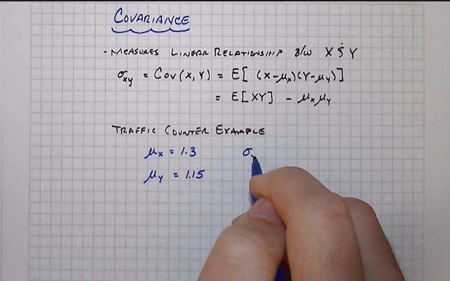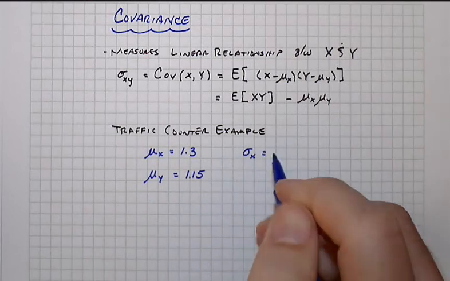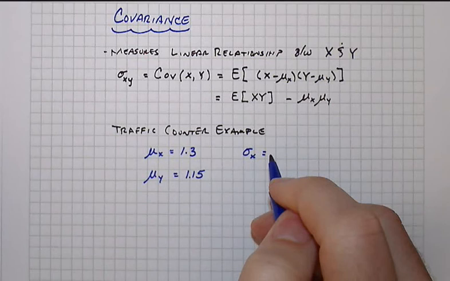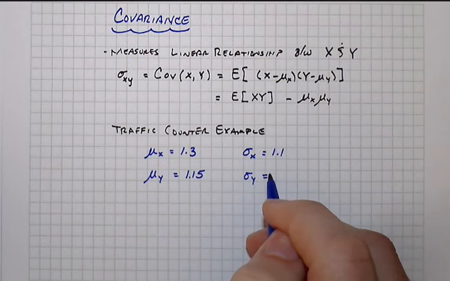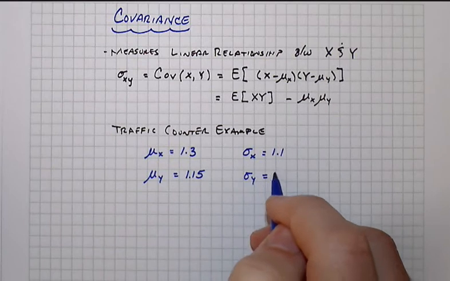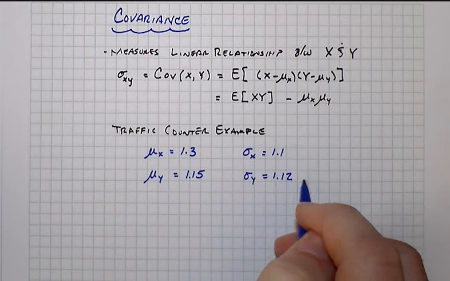The standard deviation for x is 1.1, and the standard deviation for y is 1.12, and there are some digits that go on there.